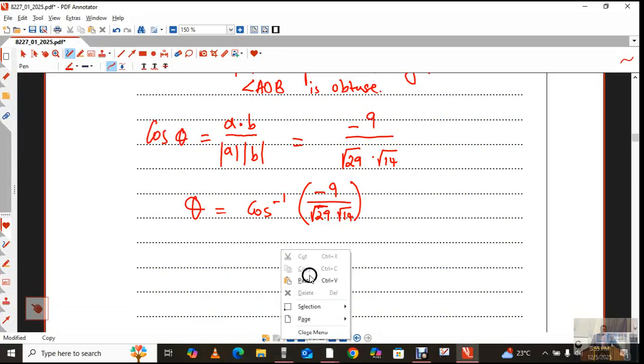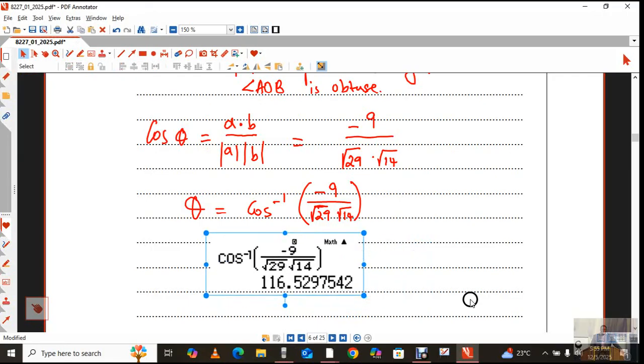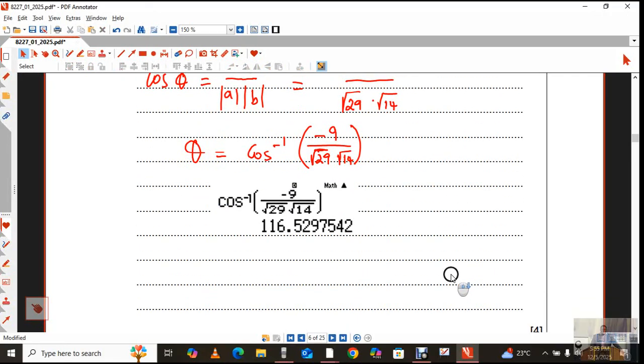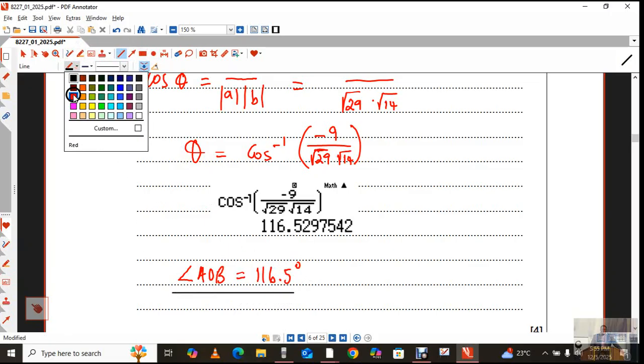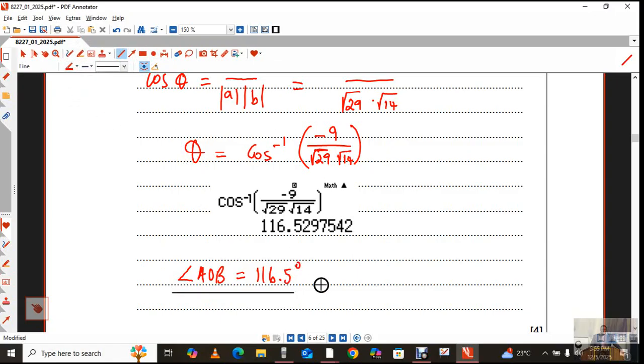Can you see that our answer is obtuse? Therefore, angle AOB is equal to 116.5 degrees. Now, it doesn't really matter in these examinations whether you give your answer in radians, you will still be given the same solution.